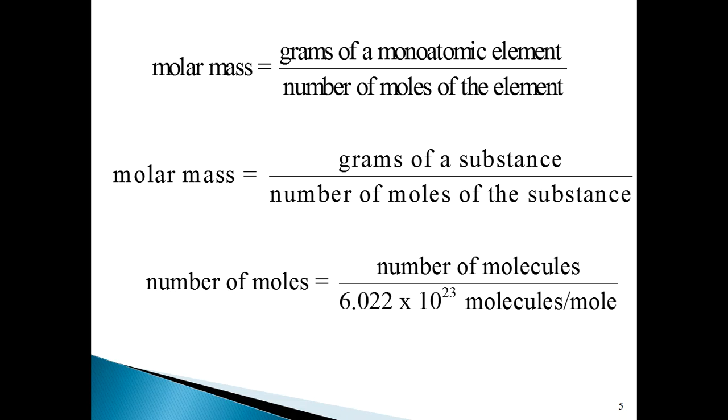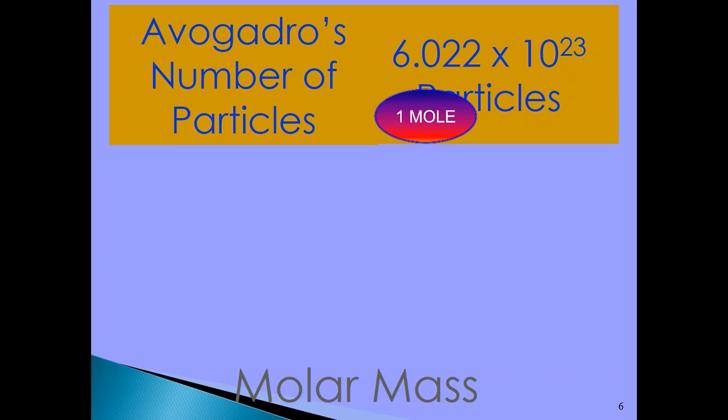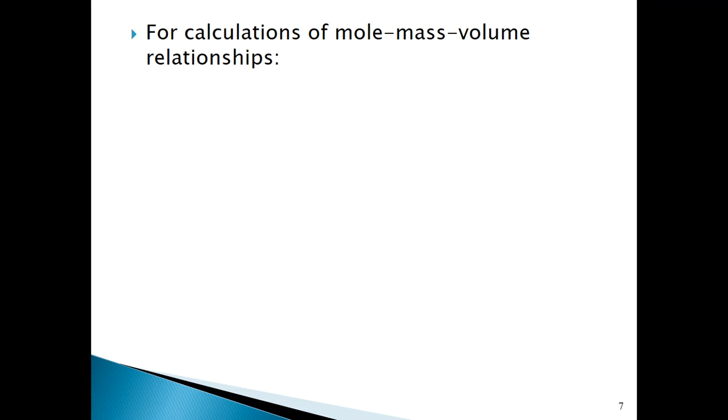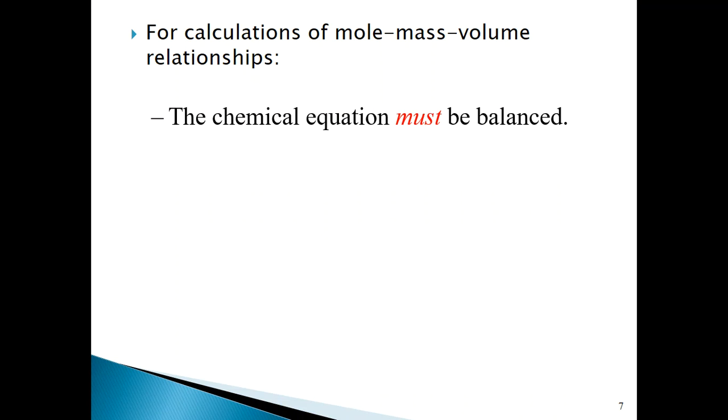The number of moles will be equal to the number of molecules divided by Avogadro's number of molecules per mole. Okay, so as we said before, the mole basically is the linchpin relationship between Avogadro's number and the molar mass. All right, now for calculations involving mole, mass, and volume relationships, the equation must be balanced.